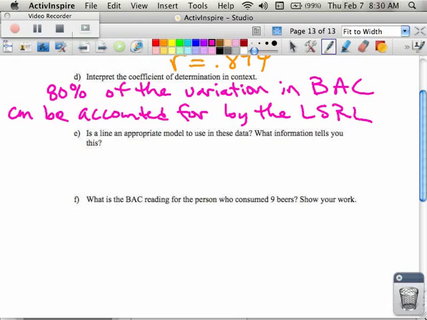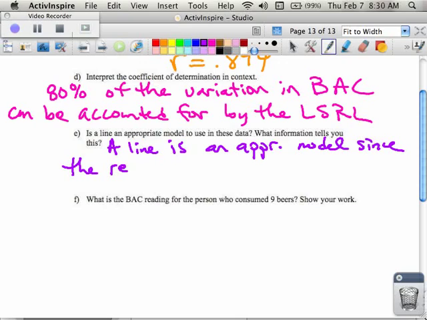Is there a pattern? No. So you say a line is an appropriate model since the residual plot shows no obvious pattern.